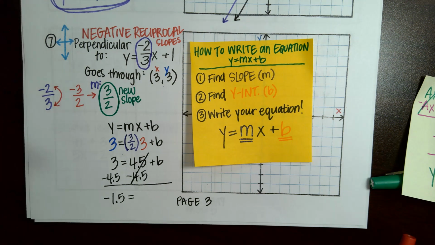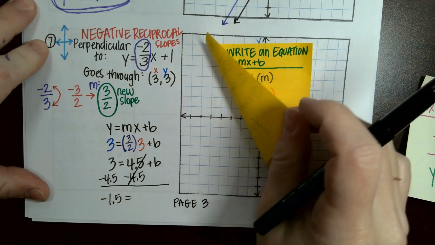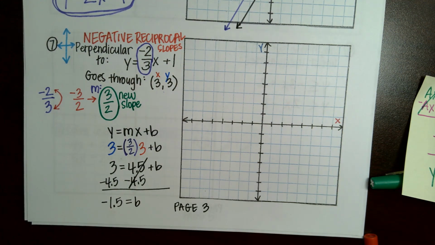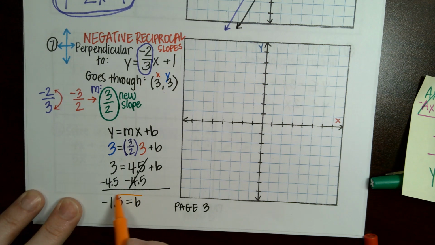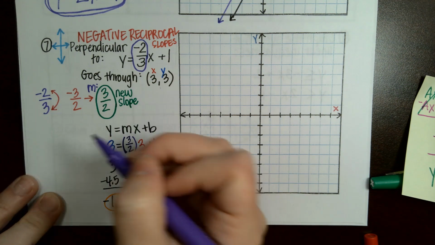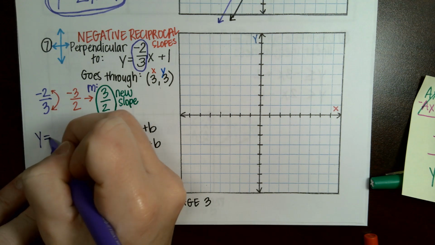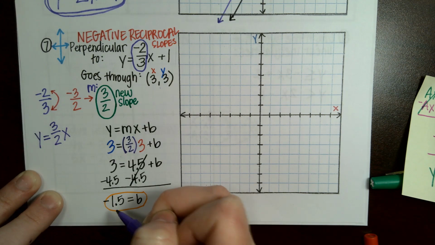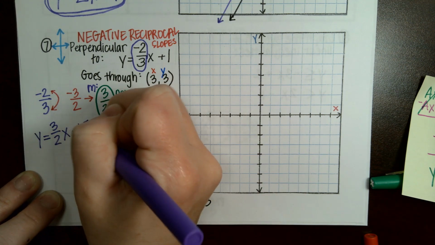So we have an m and we have a b. What's our new equation? Y equals 3 over 2x minus 1.5.